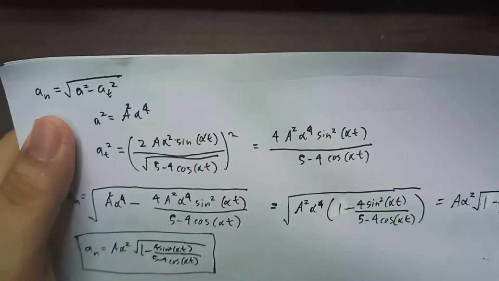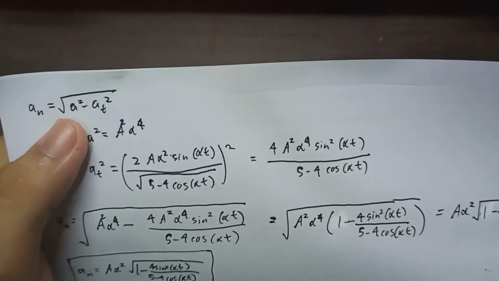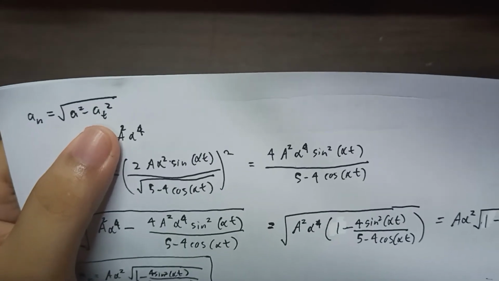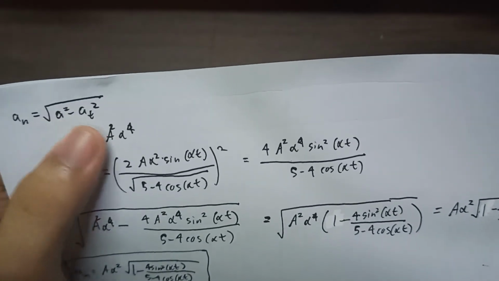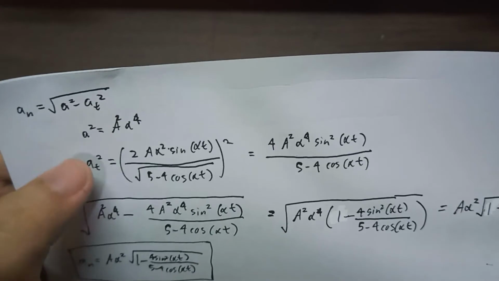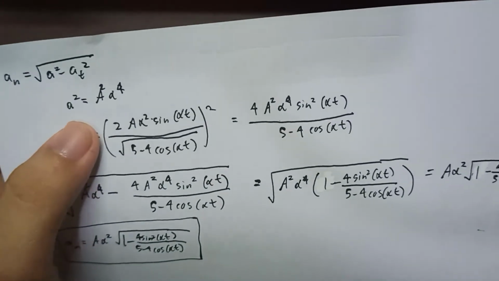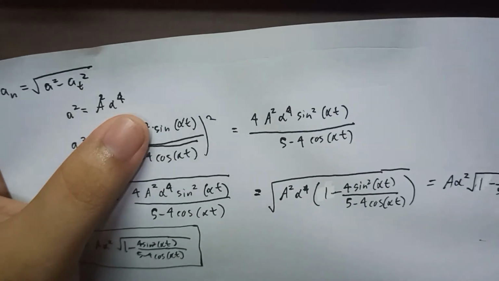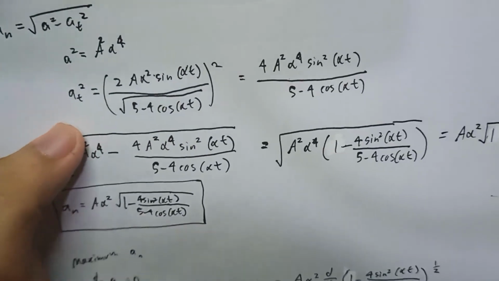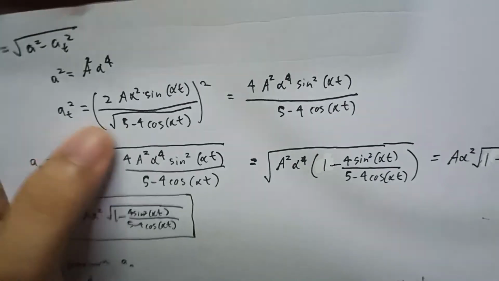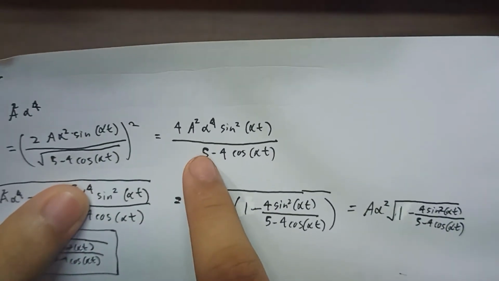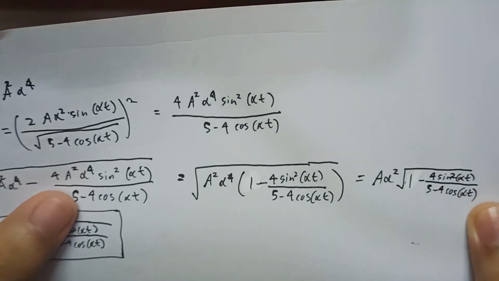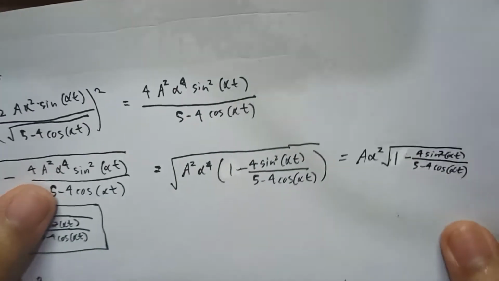Getting the normal acceleration, we have to get the square root of the difference of the square of the acceleration and the tangential acceleration. We already have the acceleration and the tangential acceleration. We have to square the acceleration, which gives us a squared alpha raised to the fourth, and the square of the tangential acceleration is 4a squared alpha raised to the fourth sine squared of alpha t over 5 minus 4 cosine alpha t.